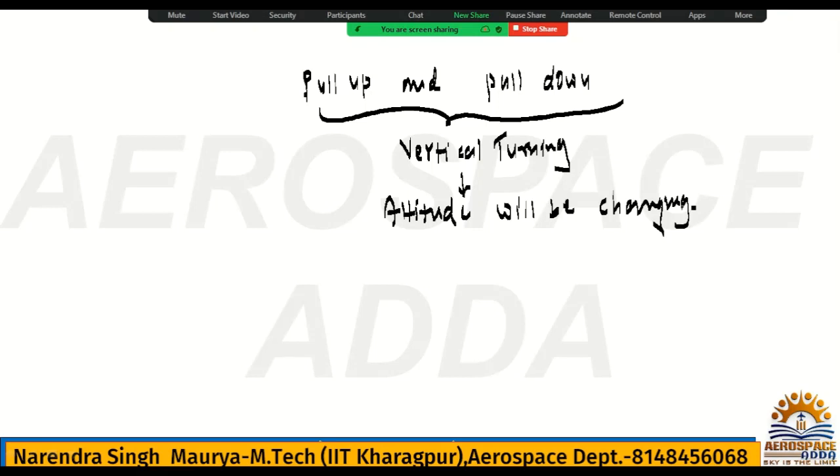In one case, altitude is gaining; in another case, altitude is losing. Hope you understood this. There should not be any confusion about pull up and pull down. It's very simple. Yes or no? I will give the diagram so it will be more clear to you.